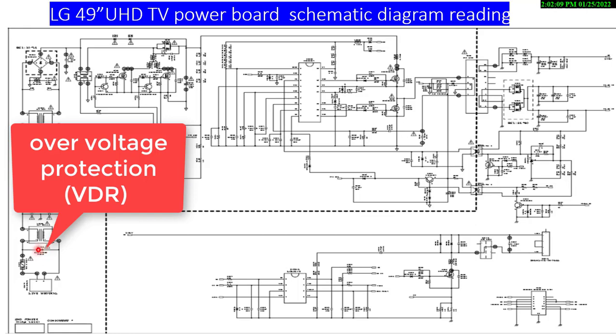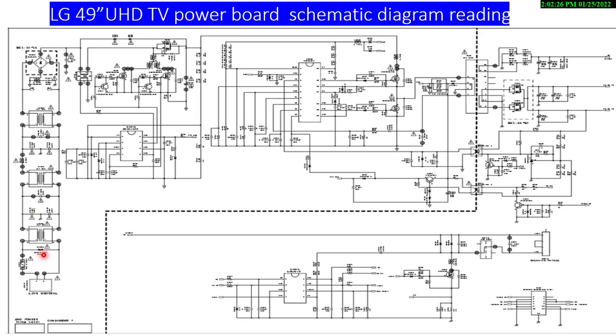At normal condition this component has high resistance, but when the voltage from the utility increases, it reduces the resistance of this component by itself and trips the circuit breaker and the fuse.